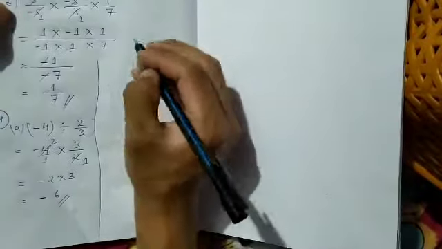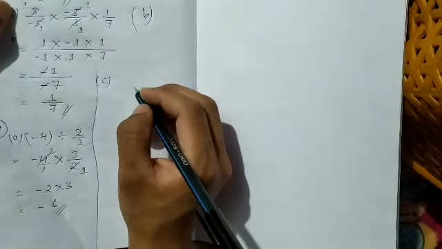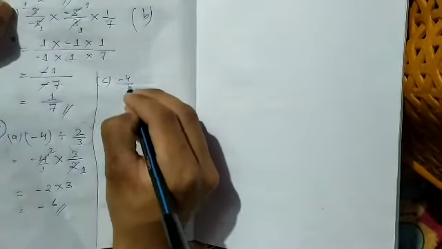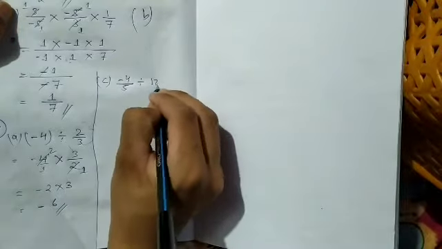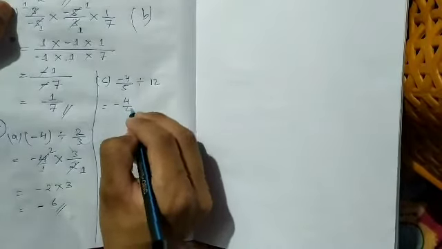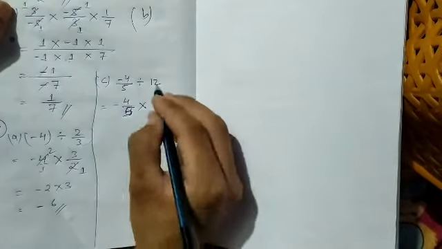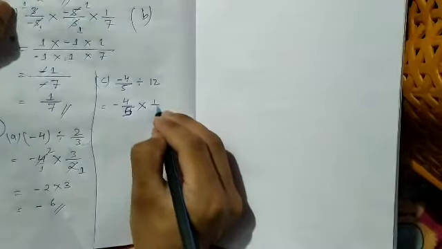Next I want to do number C, because number B is your homework. In question number C, the question is minus 4 by 5 divided by 12. Here also I will make this as multiplication. So it will be minus 4 by 5 into this 12 will become 1 by 12, isn't it?